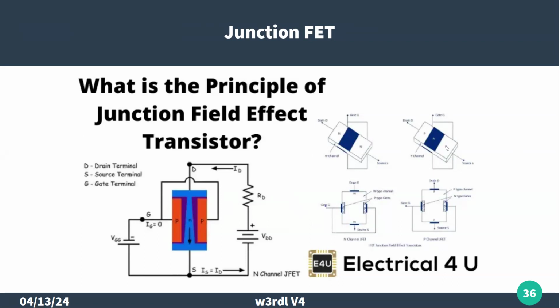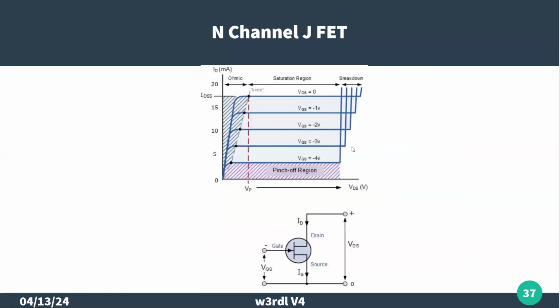There's just some more figures of kind of implementations, but you notice it's basically a symmetrical type of device. This is just a plot of the current through the device, depending on the voltage on the gate, between the gate and the source.